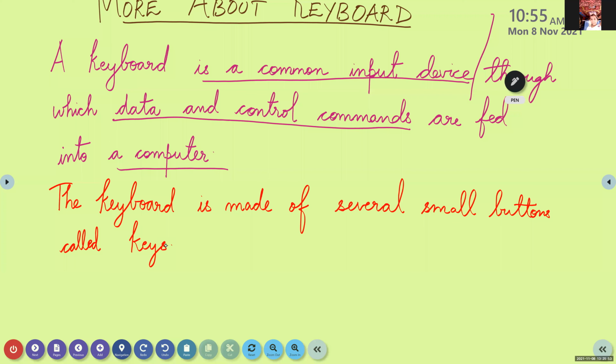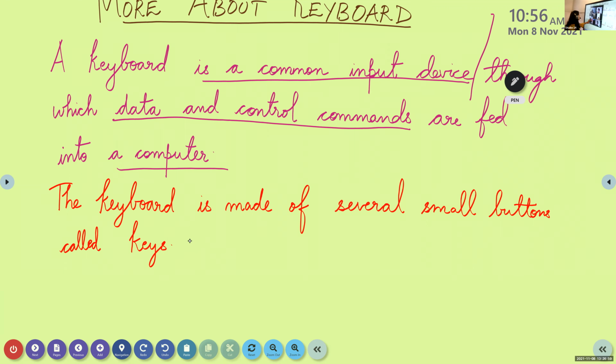Diya, Krishnaraj, Aiden, and Arfin each read it: the keyboard is made of several small buttons called keys.